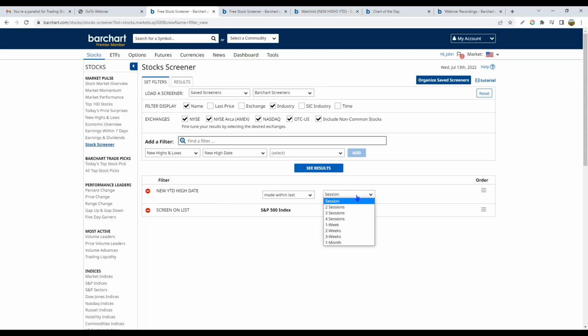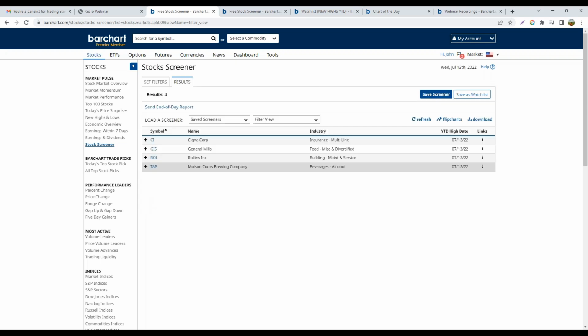Let's say we want to look at stocks that are making a new year-to-date high over the last 2 sessions. And you can see now we're getting a couple more stocks, but still, it's only a handful. At this point, one of the things I can start doing is looking at what industries the stocks are in.